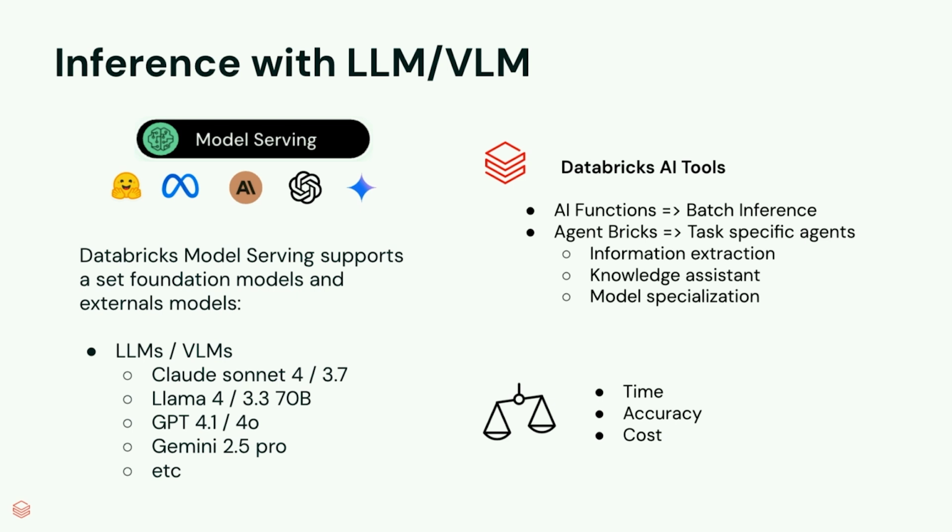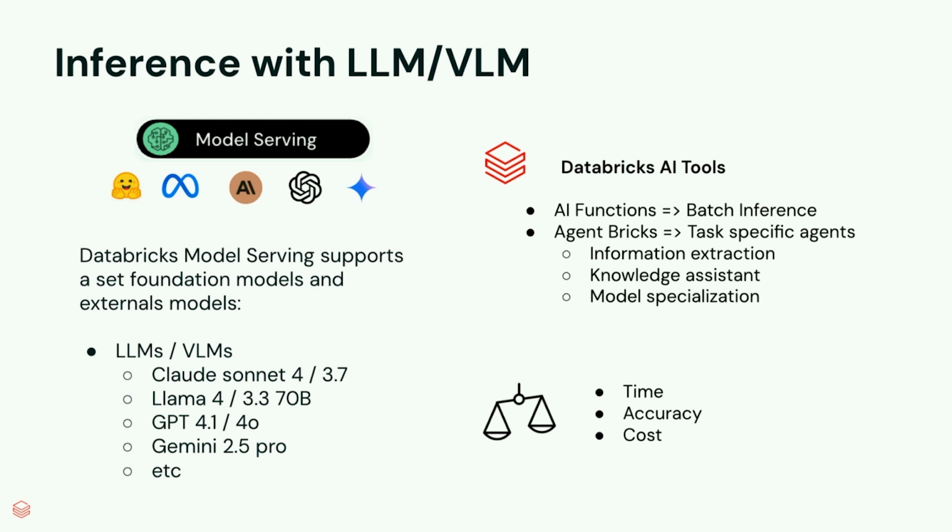After parsing, the next step is inference with an LLM or a VLM. With Databricks Model Serving, we have a lot of options. We have foundation models. We also have AI Gateway, so you can bring external models. Many of these models I listed here are available to use for Databricks users.